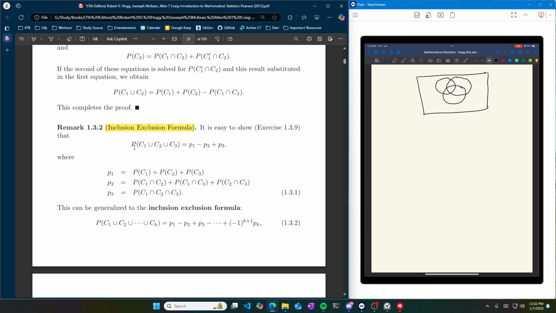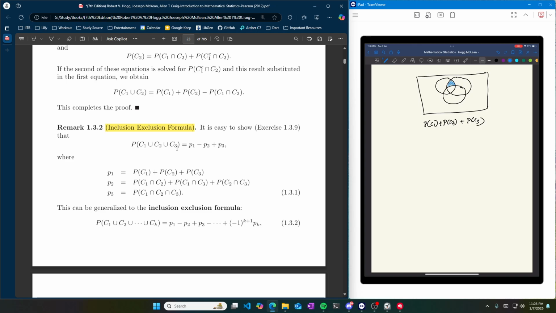Now if we write probability of C1 plus C2 plus C3, we can already see that this portion we count twice, correct?